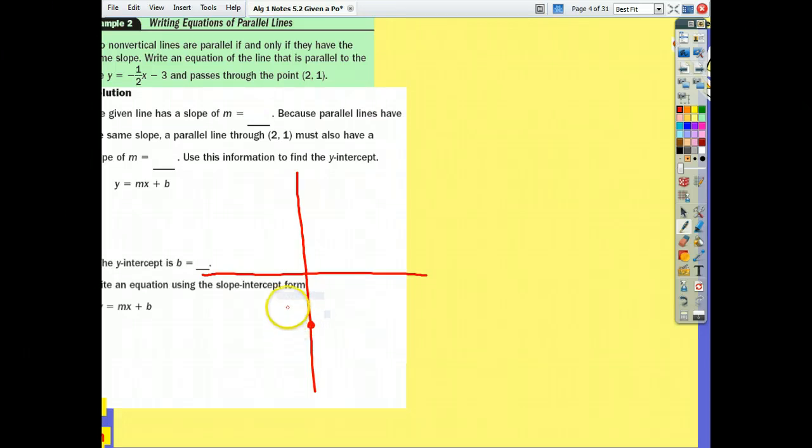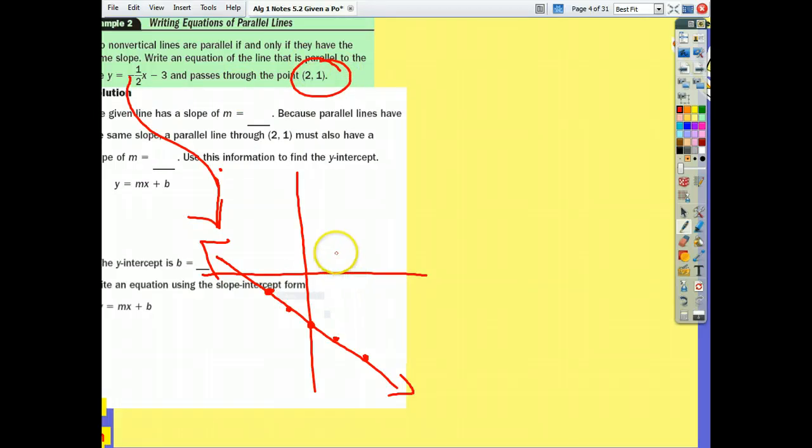So you run 2, up 1, run 2, up 1, left 2, down 1, left 2, down 1. All right, so say that's the line they're giving us right here. They want us to make a line that's parallel to that, but goes through 2 and 1. Well, 2 and 1 is going to be up here, right? I want a line that's going to run parallel, so it's going to have to run like this. I want the equation. What will it be?